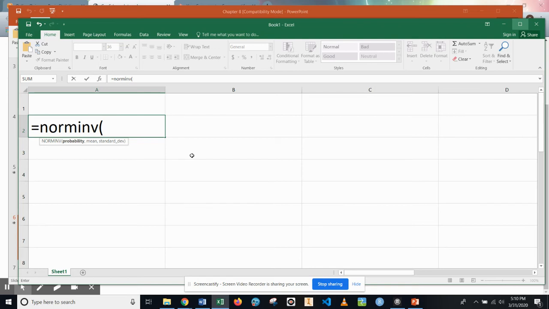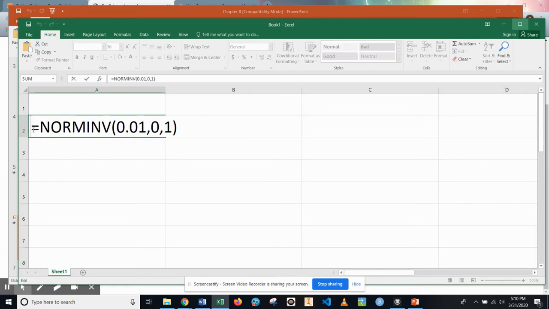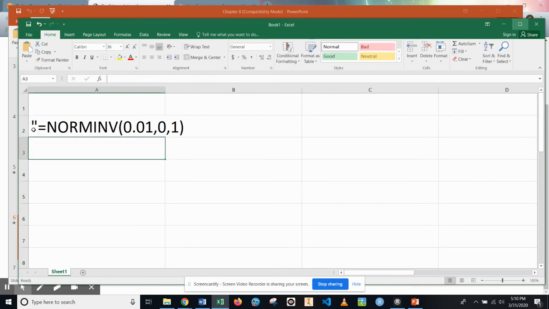But the number that we put in there first: 98% would be in the middle of my normal distribution, so there'd be 1% below and 1% above. I can do one of two things. I can use the 1% below, which will give me a negative value, since it's the 1% on the left.